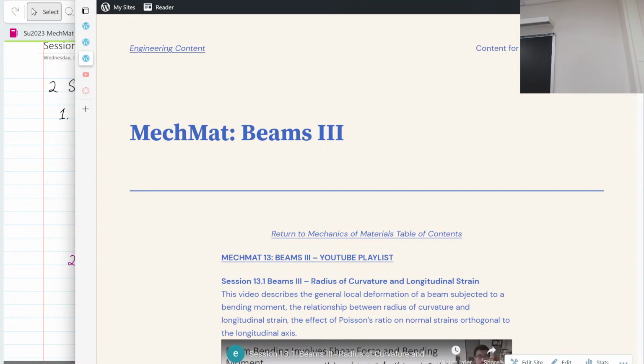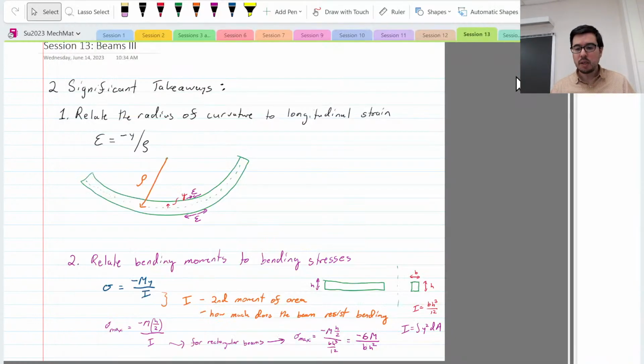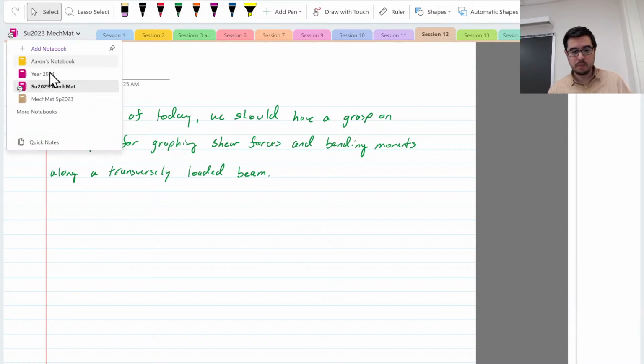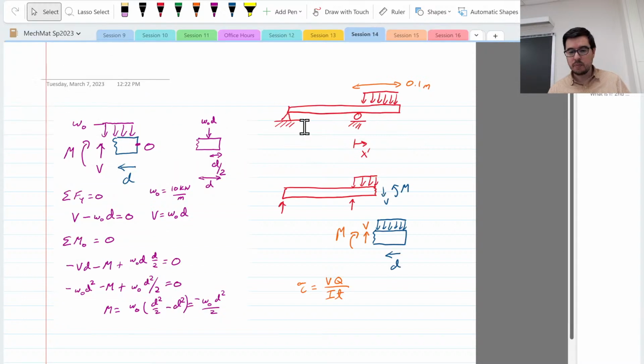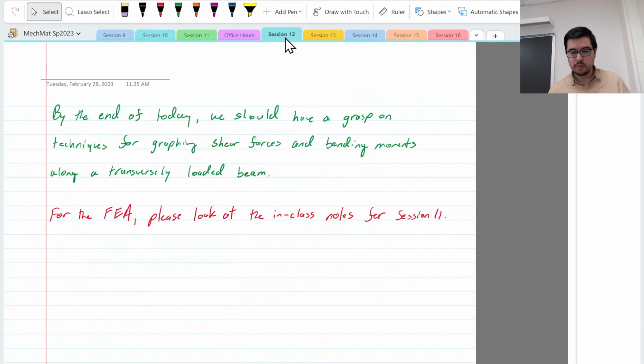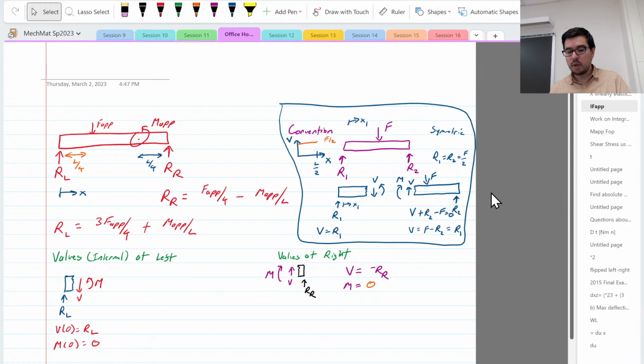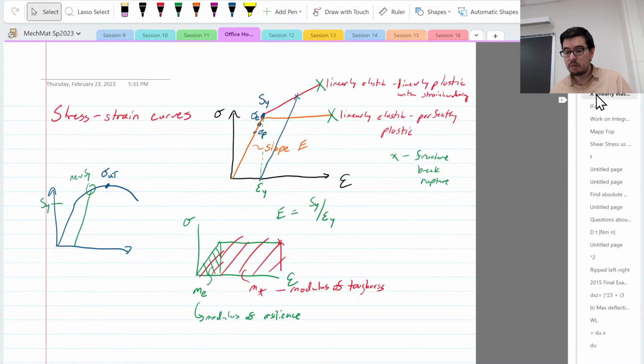If people are looking at some of the issues with applied moments and things, let's see. Some of these, I'll copy these over.